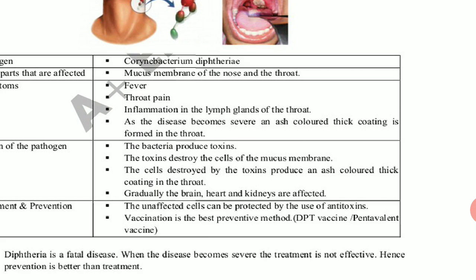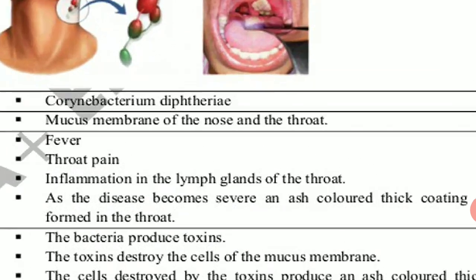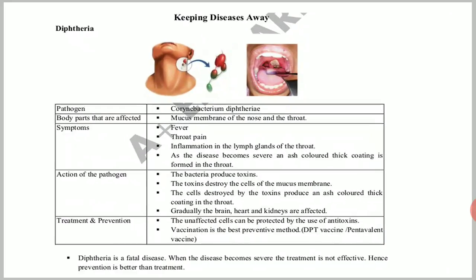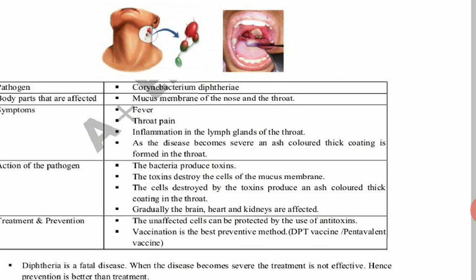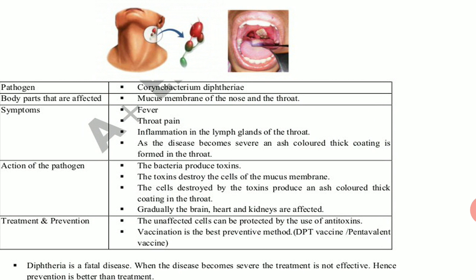The cells destroyed by the toxin produce an ash colored thick coating in the throat. The thick coating you can see here. Then gradually when it becomes severe, if it is not treated at the beginning, it affects the heart, kidney, and brain also.